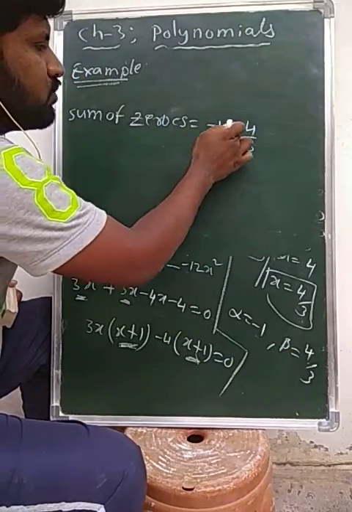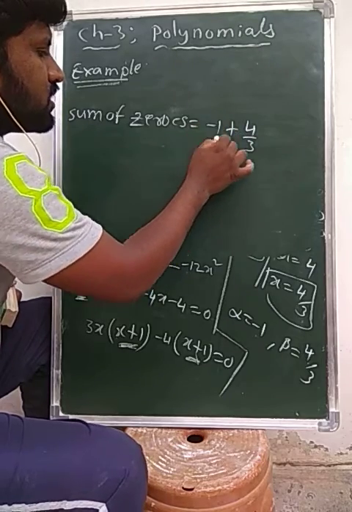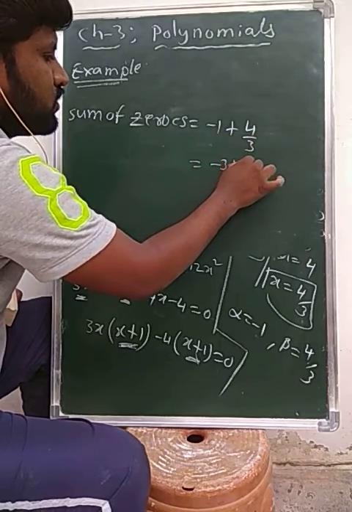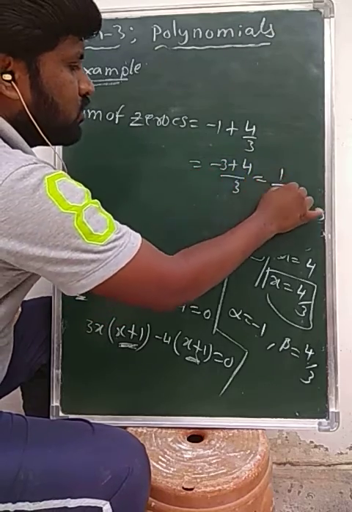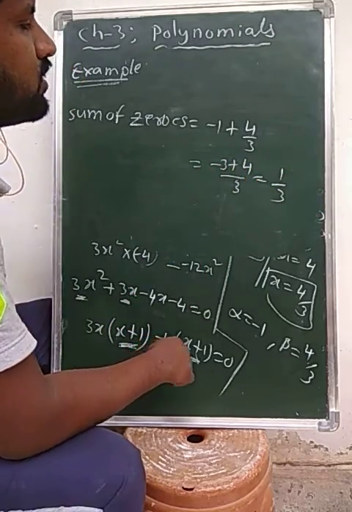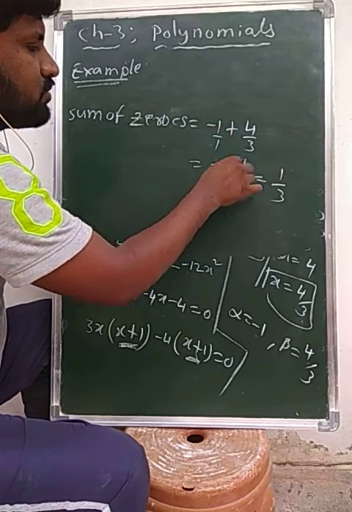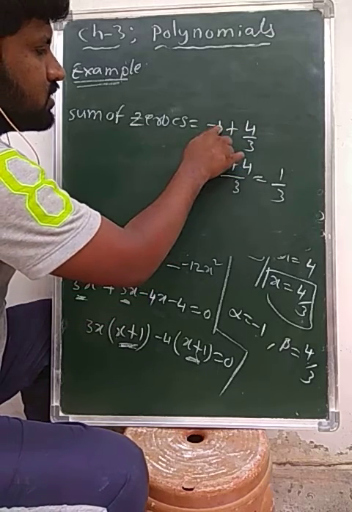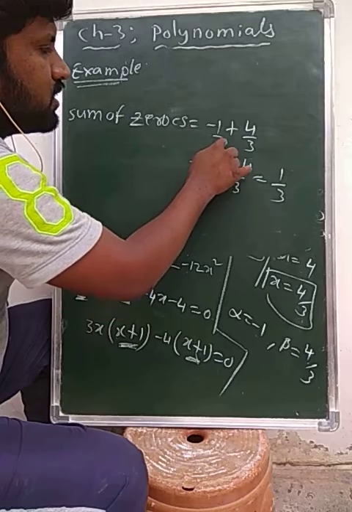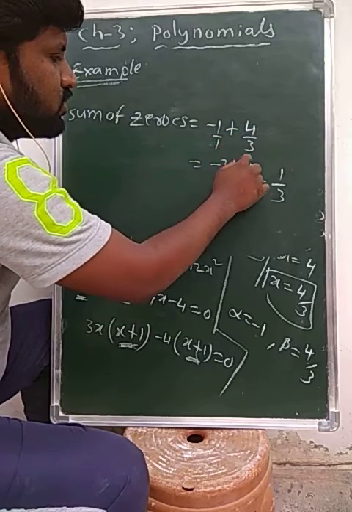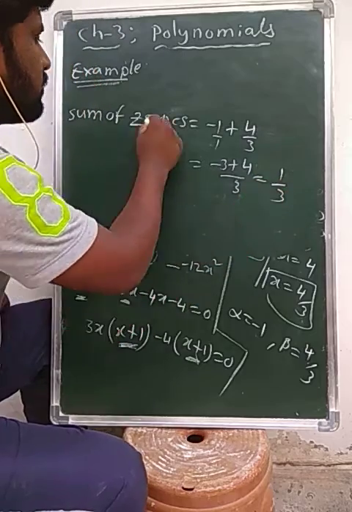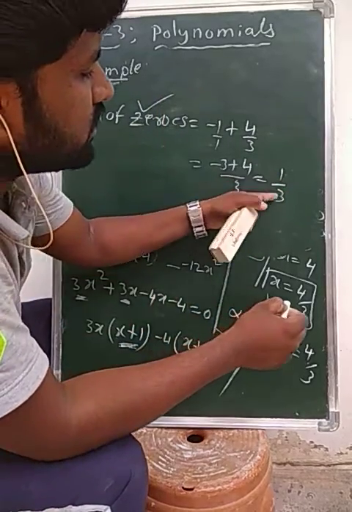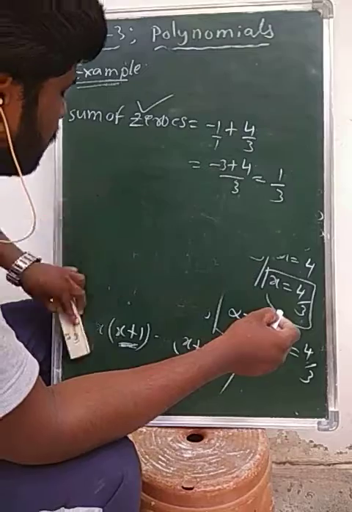Minus 1 plus 4 by 3: taking the LCM, which is 3, we get 3 into minus 1 is minus 3, plus 1 into 4 is 4, so minus 3 plus 4 is 1, that is 1 by 3. Sum of zeros is 1 by 3, and now the product of zeros.